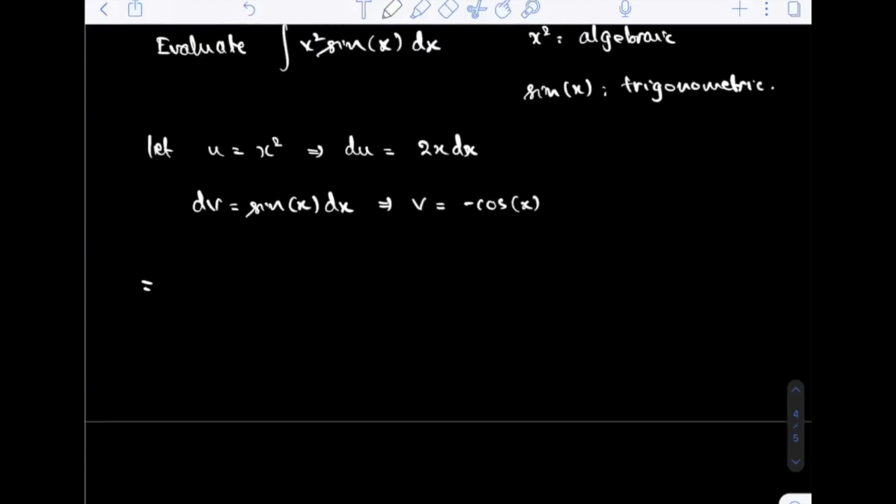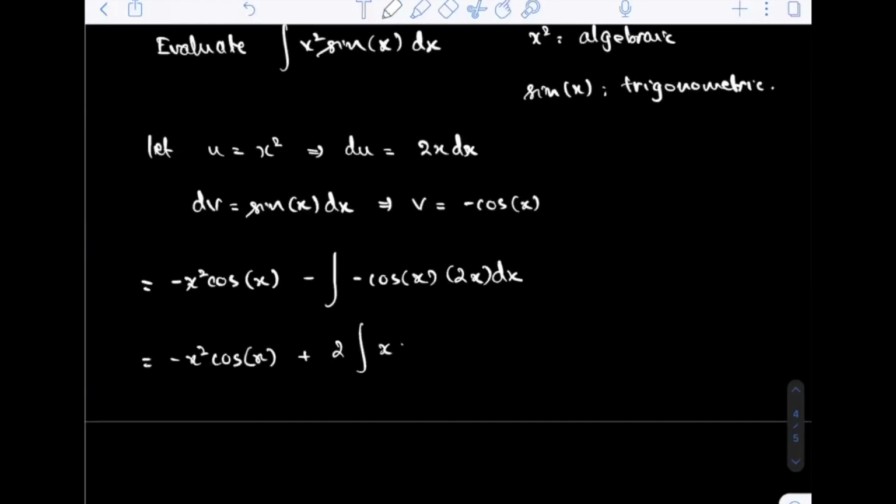So the formula applied here, and you get negative x squared cosine of x minus the integral of negative cosine of x times 2x dx, and pull the negative 2 out of the integral. You get negative x squared times cosine of x plus 2 times the integral of x cosine of x dx.